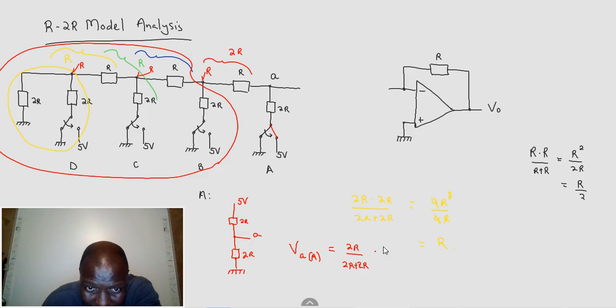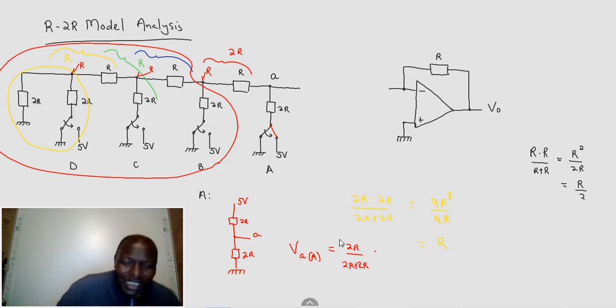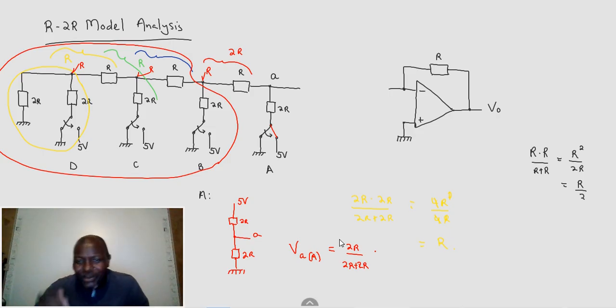All I'm doing is saying R over R total. But this is confusing, so let me not say R because they already have a value of R. Let's say our resistance that we're measuring across, which is that one there, over the total, which is the two of them together, times the supply.